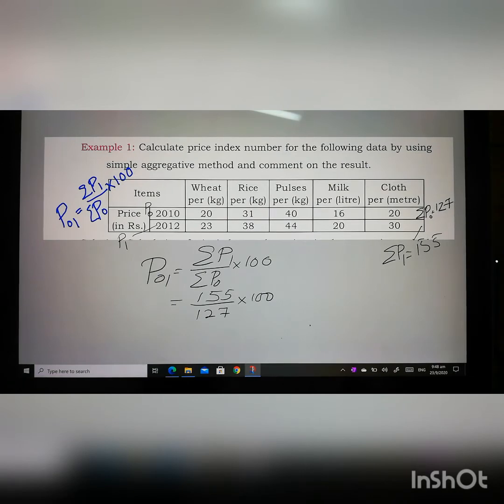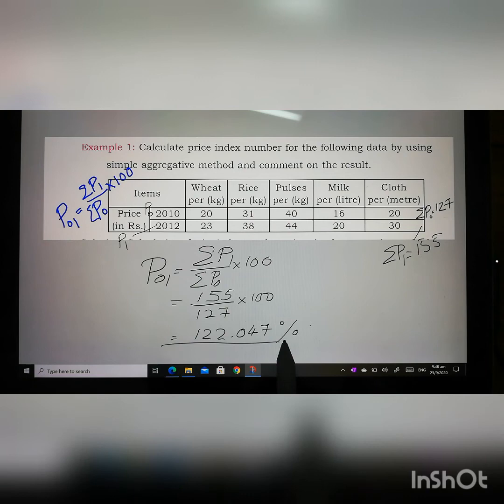So 155 divided by 127 into 100, you get the answer as 122.047, students, and that is expressed in percentage.